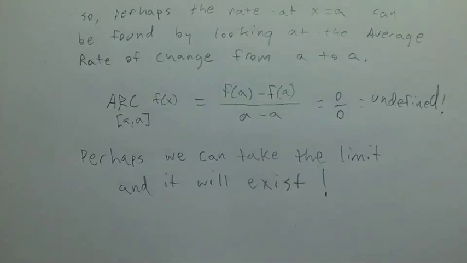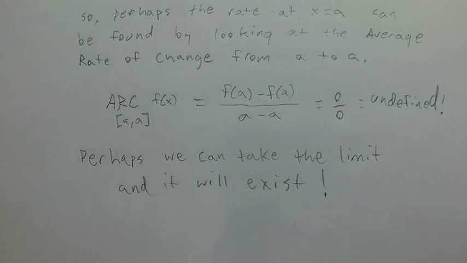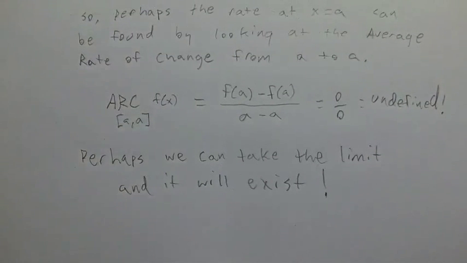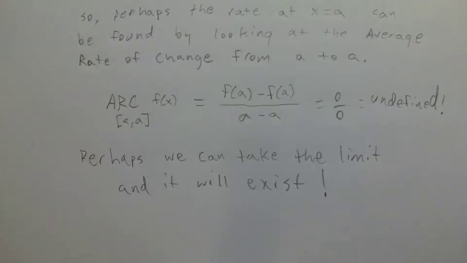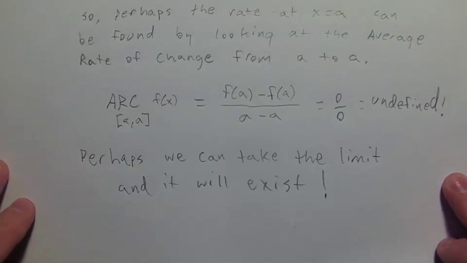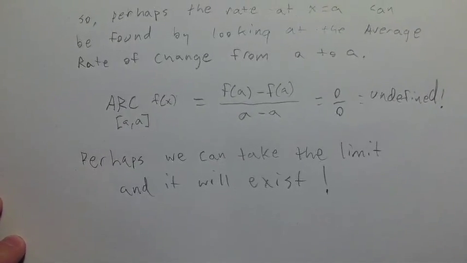If the limit exists, that means the average rate of change is getting closer and closer to this particular rate. As b gets closer and closer to a, those averages must be getting closer and closer to the actual rate. Okay, so let's write this definition down.